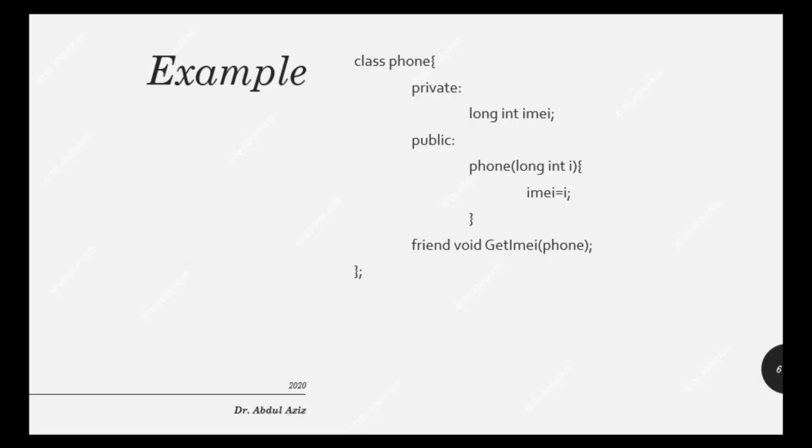Now the class is closed, and now I'm going to define the function outside the class, and this function will print the IMEI number of any object of type phone that is passed to it. So the important thing to understand and observe is that we are accessing the IMEI number, a private attribute of an object, outside the class.